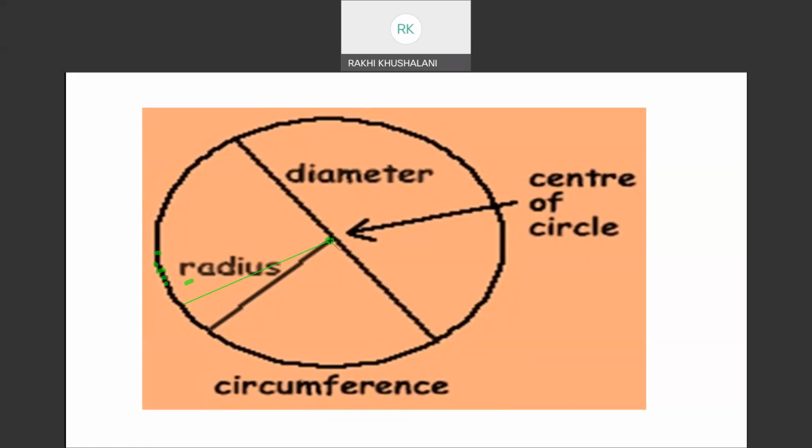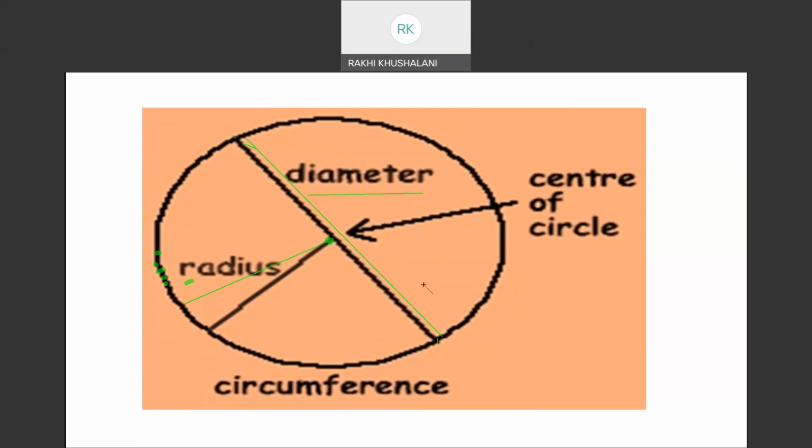Now there is something written as diameter. What is a diameter? Diameter is basically the distance from one point on the edge to the other point on the edge, but it crosses through the center of the circle. So this becomes the diameter of the circle.